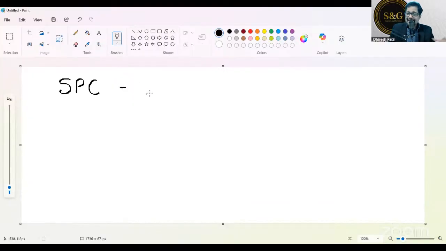And the father of this was Walter Shewhart. Just make a note of this. He is one of the biggest contributors in SPC. And whatever we are learning about control charts, Cp, Cpk and all those things is because of Walter Shewhart.